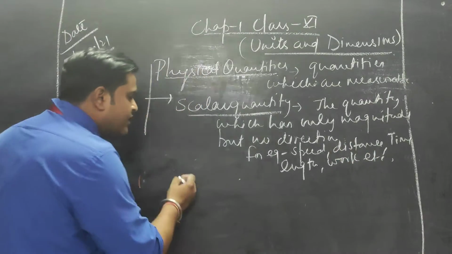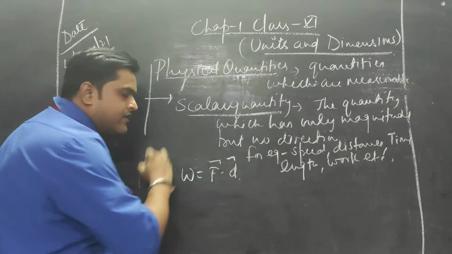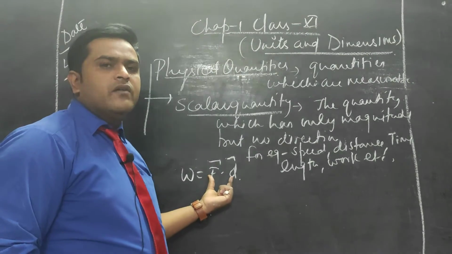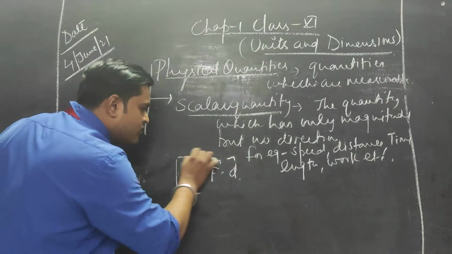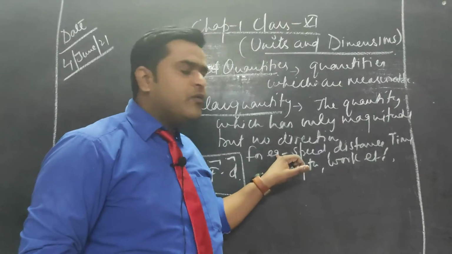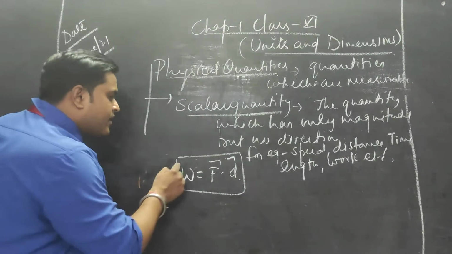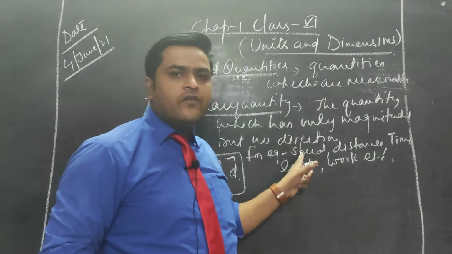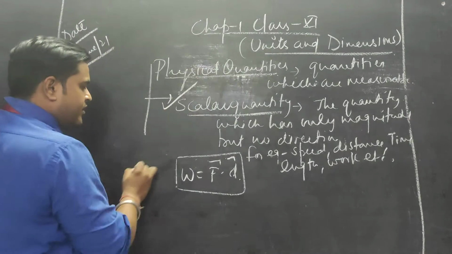Since force and displacement are vectors, but the dot product of any two vector quantities will give you a scalar result. So from this you can say that work is scalar. ये क्वेश्चन आप लोगों को कई लोग पूछते हैं और बहुत इंपॉर्टेंट क्वेश्चन है ये. वर्क के ऊपर कभी भी वेक्टर का साइन नोटेशन नहीं होता है, since it's a dot product of two vector quantities. So this was about scalar quantity.